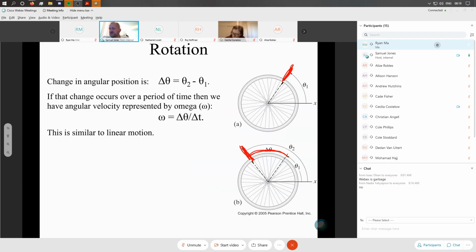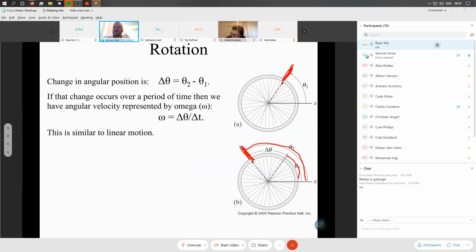And that's how we've always done deltas. Delta means final minus initial. So here, my delta theta is the final angle minus the initial angle, and that gives me my change in angle. And that looks a lot like a kinematic equation for x, that delta x is equal to x final minus x initial. So in that sense, it's the same thing.